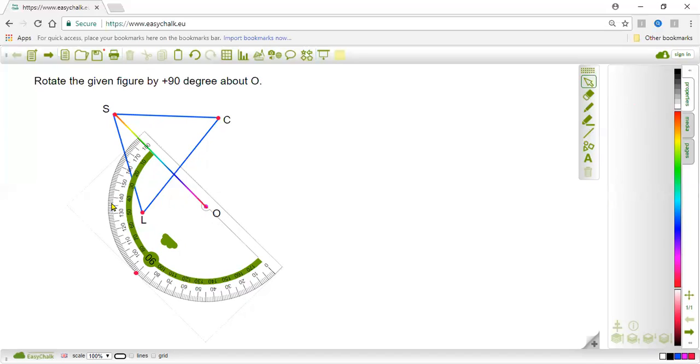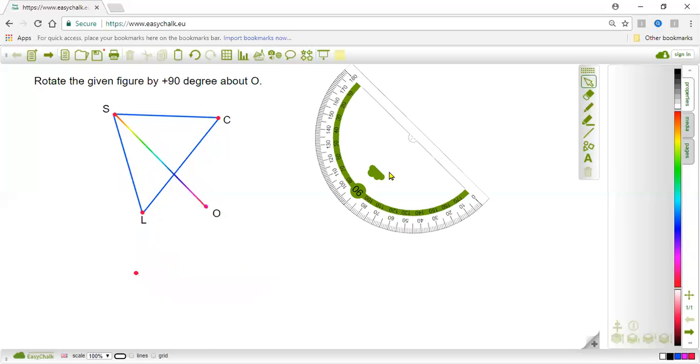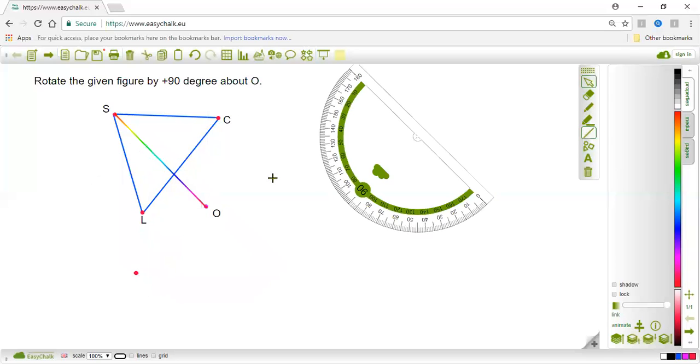From SO to this point, the direction is anti-clockwise. The plus sign represents the anti-clockwise direction. So this is the way of properly putting the protractor over this line SO. Let me remove this protractor and connect this 90 degree point to the center of the rotation.